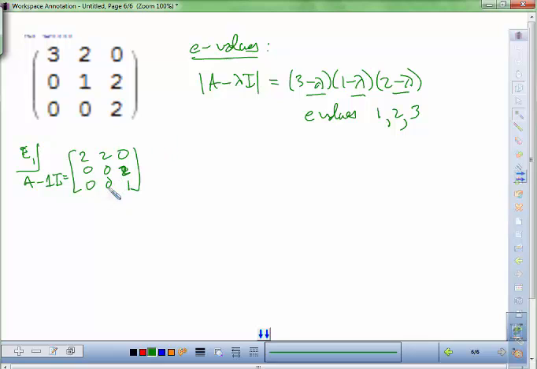So if we want to find the eigenspace for this, it looks like z is going to have to be 0. It's going to be forced to be 0. Our 2x plus 2y is equal to 0, so x is equal to negative y. And if you let t equal to y, then that's going to give us our parameter, y equal to t.